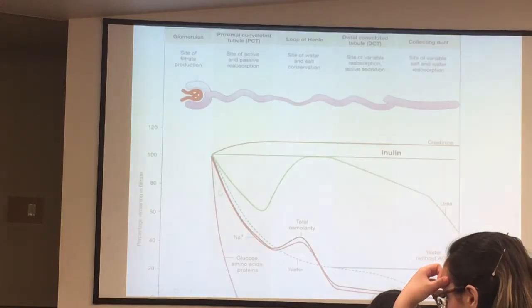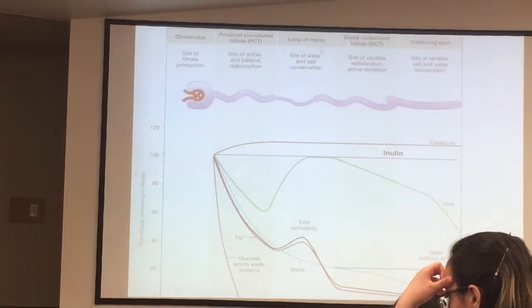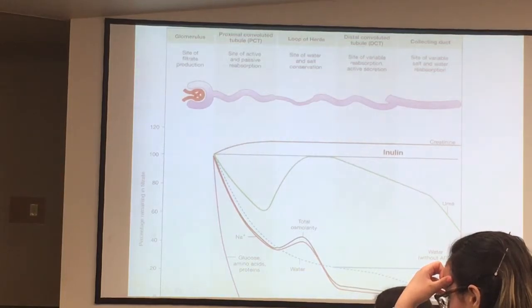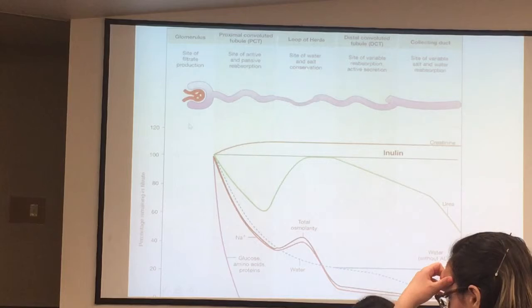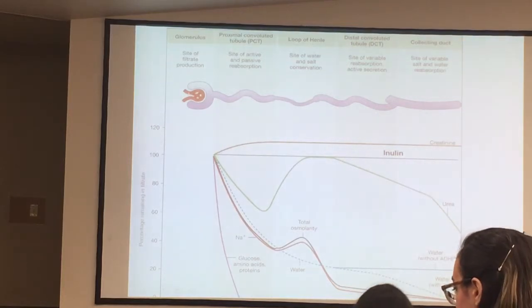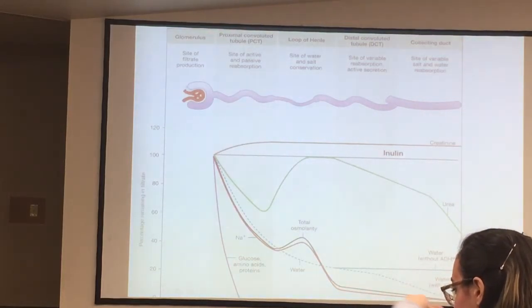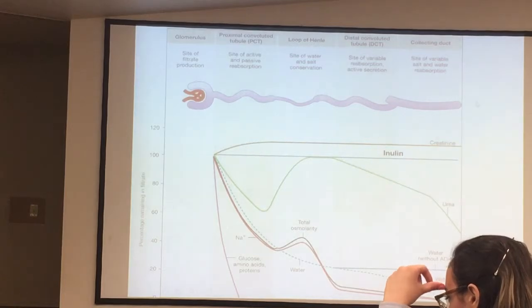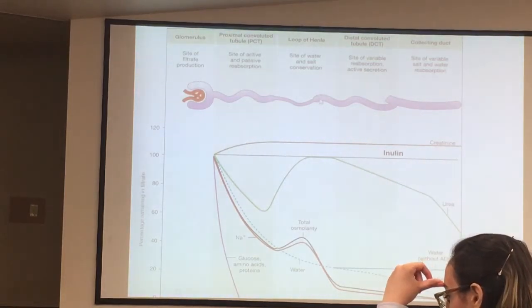I have to tell you the story. In the old book, we had this figure, but I don't know why the new edition doesn't have it. It shows the percentage remaining in the filtrate. We put the whole tubule from Bowman capsule all the way down to the collecting duct, pretty straight, to make it simple.